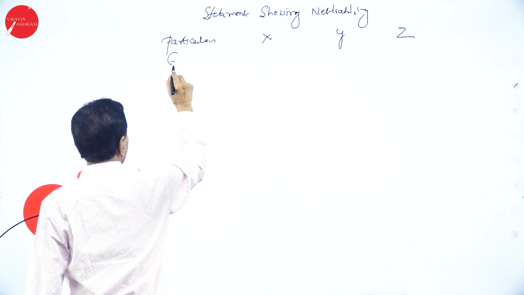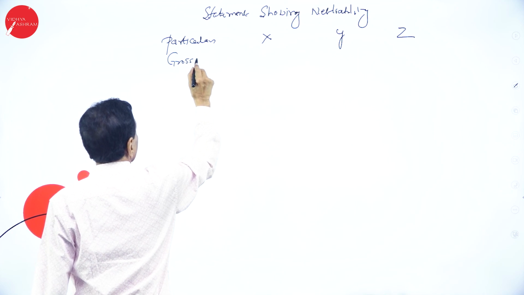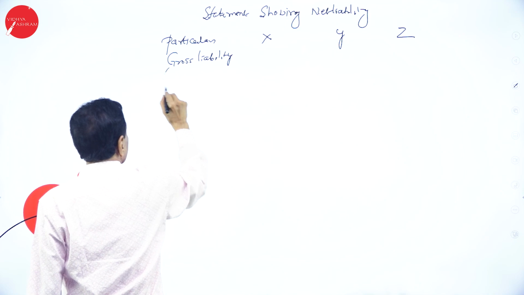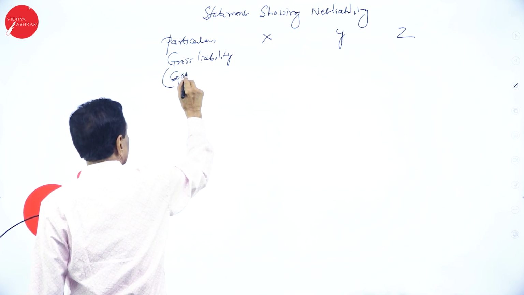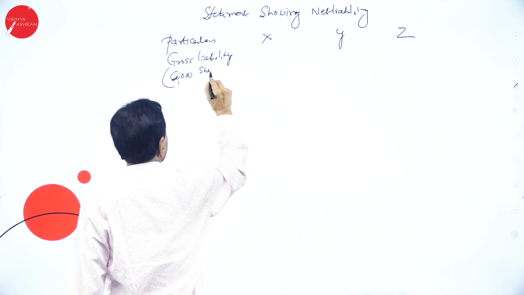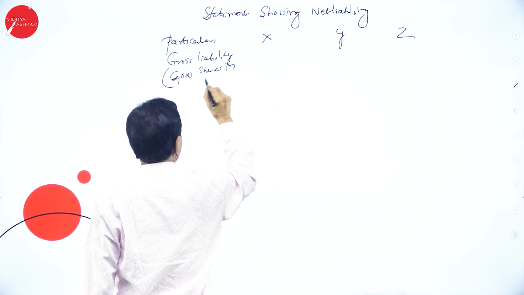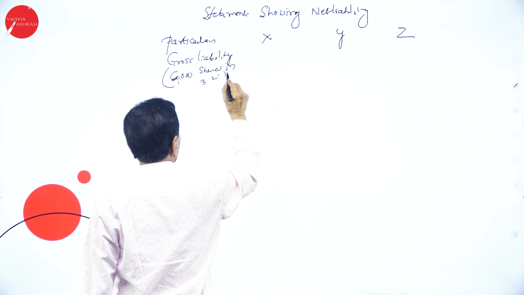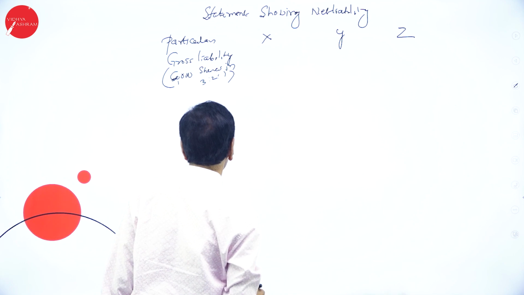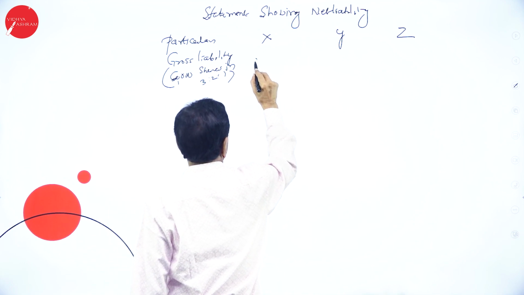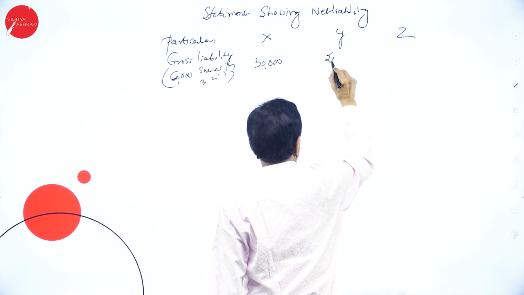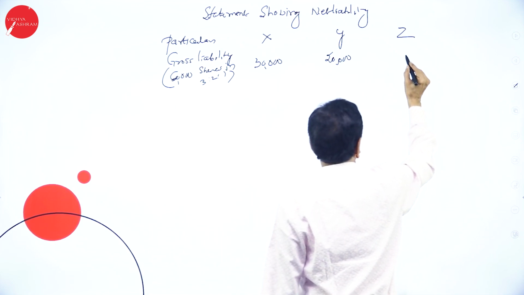Gross liability 60,000 shares in 3:2:1. What's the total number of shares issued? 60,000 shares. So X gets 30,000, Y 20,000, Z 10,000.